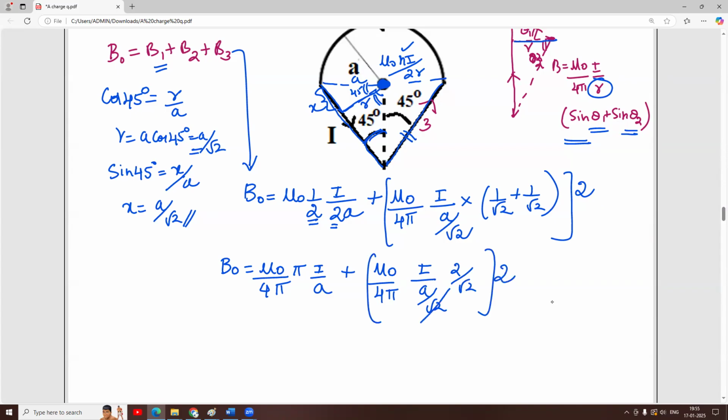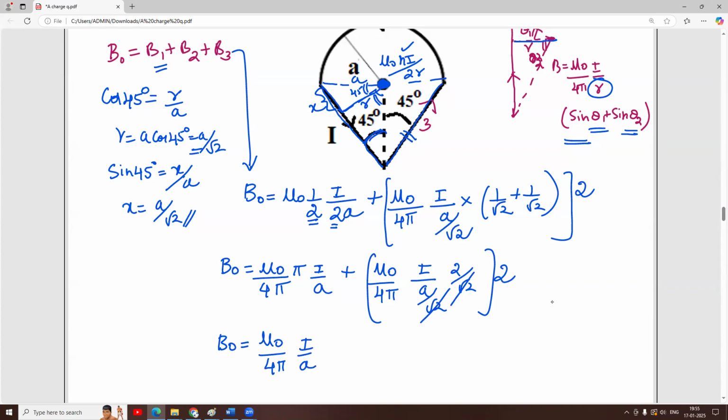This root 2 and this root 2 cancel, giving 4I by A. So mu naught by 4 pi, 4I by A.